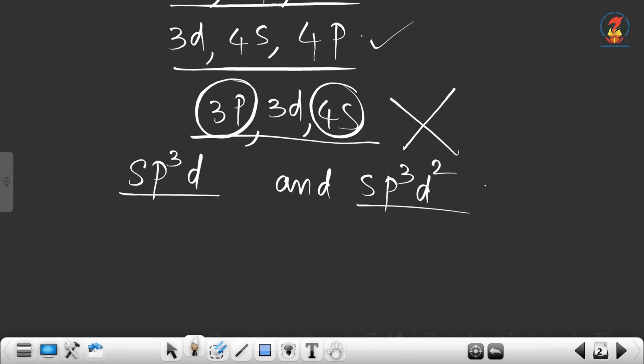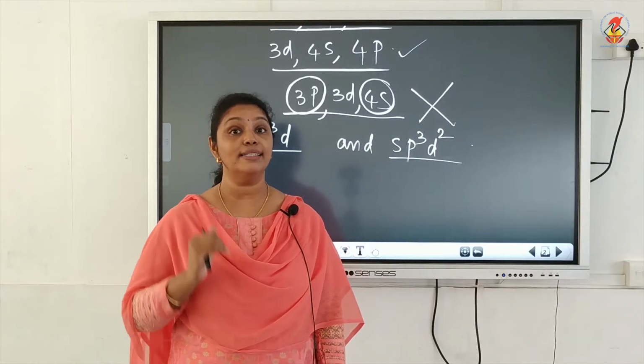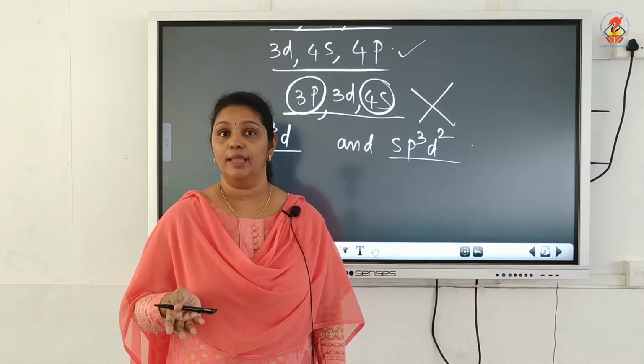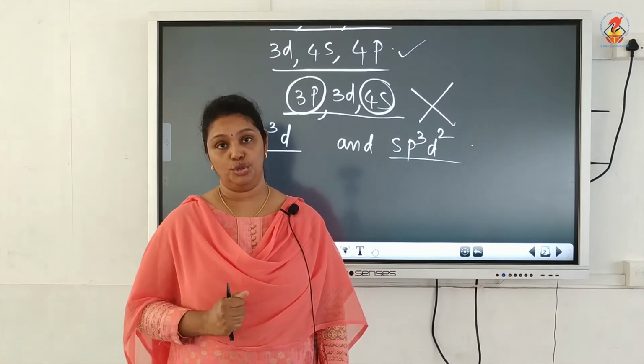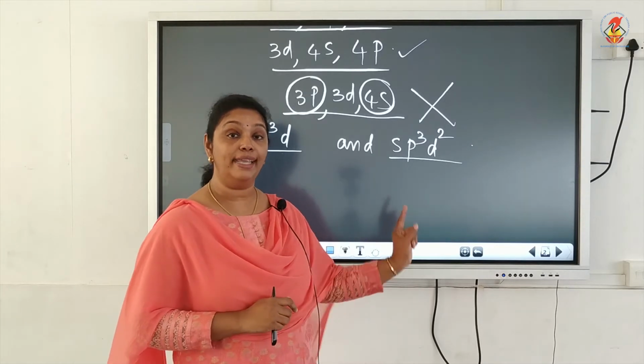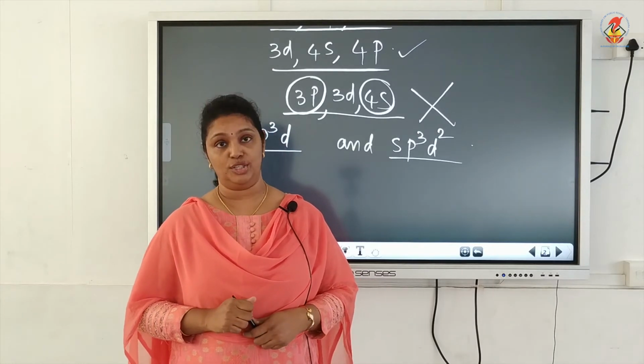You have only two types of hybridization involving d orbitals to study in class 11. We have more types of d orbital hybridization which you will learn in class 12. So in 11th you are going to study about sp3d hybridization and sp3d2 hybridization.